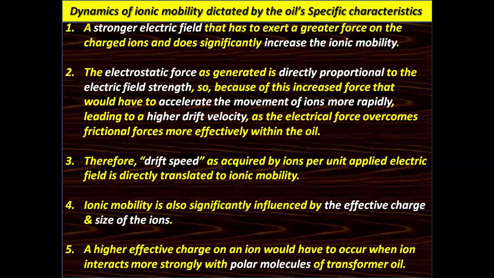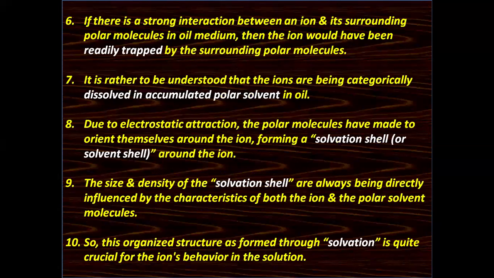Ionic mobility is also significantly influenced by the effective charge and size of the ions. A higher effective charge on an ion occurs when the ion interacts more strongly with polar molecules of transformer oil. If there is strong interaction between an ion and its surrounding polar molecules in oil medium, then the ion would be readily trapped by the surrounding polar molecules.